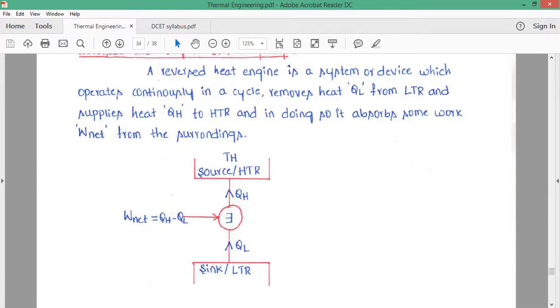Now our refrigerator needs to extract heat energy from the interior space and reject it to the surroundings. Here, QL is the amount of heat energy removed from the sink and QH is the amount of heat energy rejected to the atmosphere. For this reverse process to take place, we need to supply some external work, that is W, on it. This is the working principle of a heat pump.